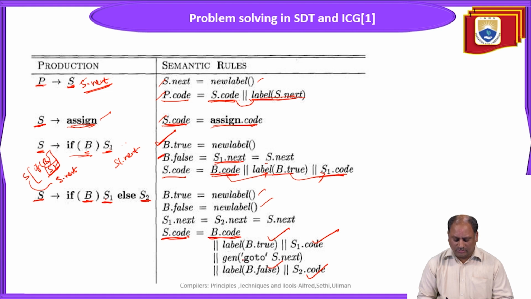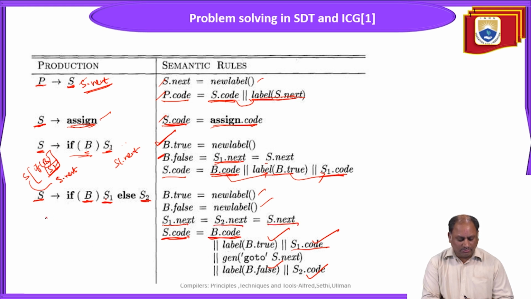So that is the statement which is generated here: S1 dot code and S2 dot code. Create two new labels, true and false, and based on that, if the condition is false, S2 dot code will be executed. If the condition is true, S1 dot code will be executed. Then after executing this S1 dot code, it goes to the next statement. What is the next statement? That is S1 dot next, which is equal to S2 dot next.